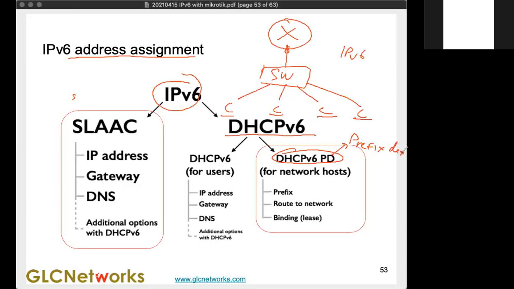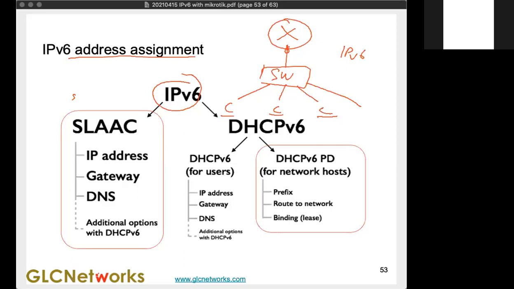Prefix delegation. Okay, so this is how it works. As I said, in IPv6 there is no need for NAT. Okay, so there is no NAT in IPv6. Why? Because the address space is very huge.